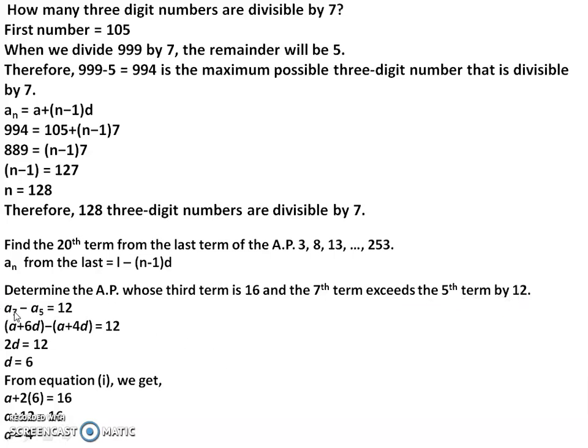Now you know a7 minus a5 is equal to 12. So a plus 6d minus a plus 4d equal to 12. D you will get it as 6. A you will get it as 4. From that you can find the AP. When you get first term and common difference, it's easy for you to calculate the AP.